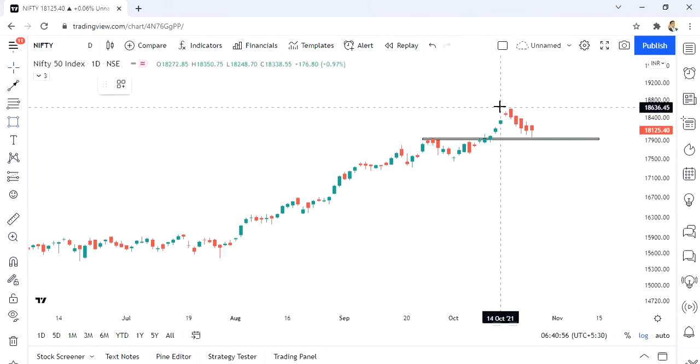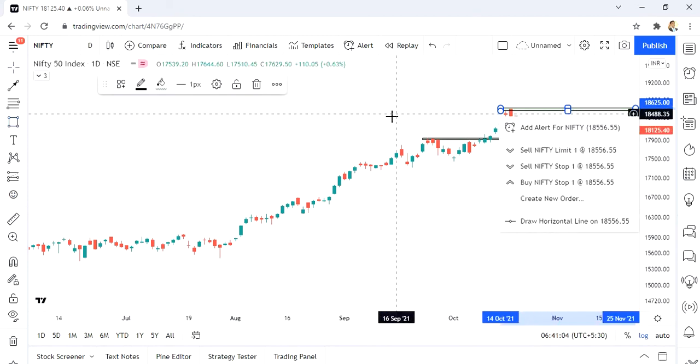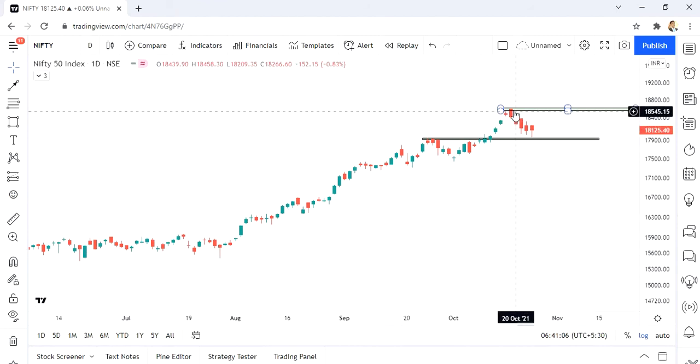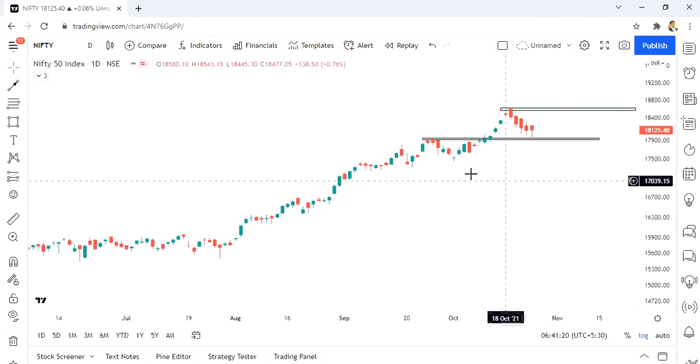Around this particular zone, the 18,500 to 18,600 zone, Nifty could face a resistance level. So now you know where Nifty could face resistance and where it might take a support level. This is how you're going to mark your levels. So this is the Nifty chart.